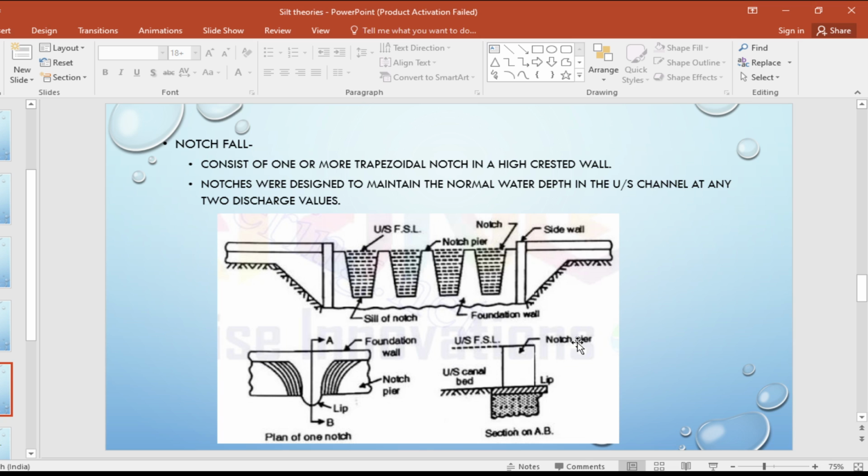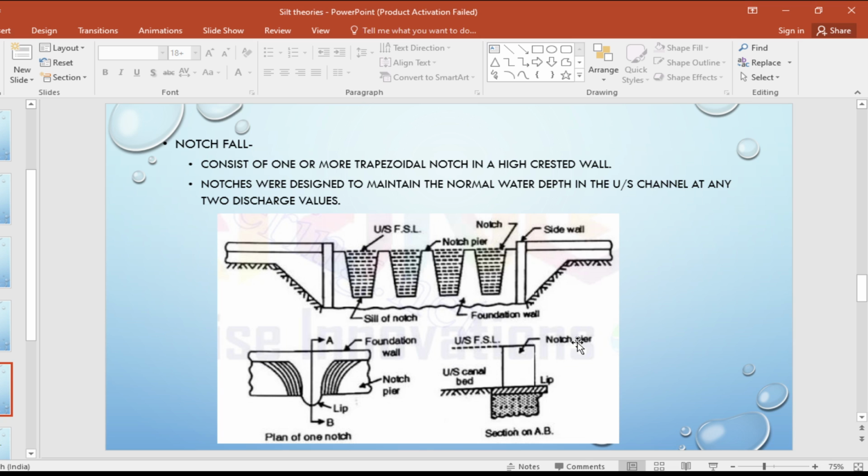The vertical fall came in the field along with the cistern. Now, however, with the greater discharges, vertical fall gave trouble. Hence, these were suppressed for the time by the notch fall.